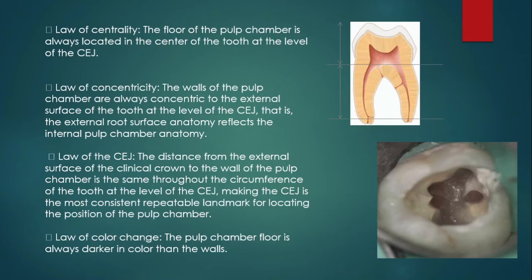Alright, now Paul Krasner and Henry J. Ranko have given guidelines or laws which will help any practicing dentist to obtain proper access opening and to locate the pulp chamber easily. They mention certain important points by pointing out the relationships of pulp chamber to the clinical crown and to the pulp chamber floor. So, what are these laws?